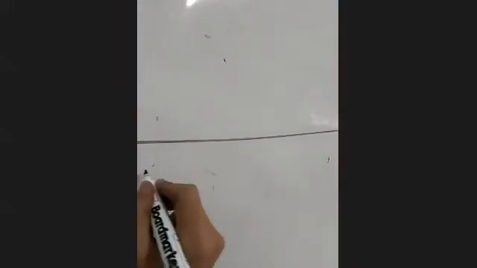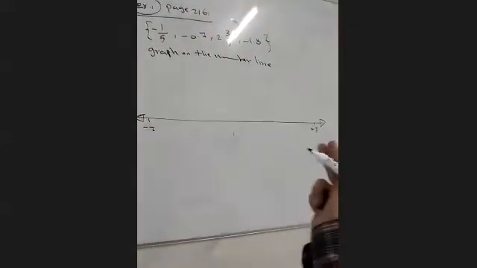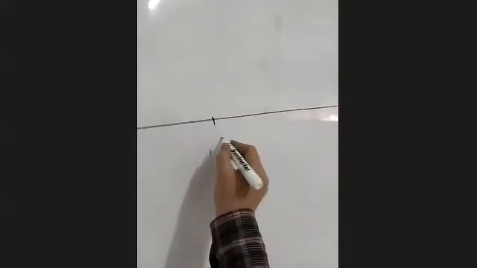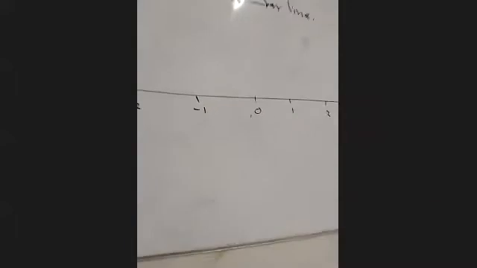See down here in example 1, you have a number line. It started from -3, or -2, sorry, and ended with +3. They make divisions here: 0, 1, 2, -1, right?